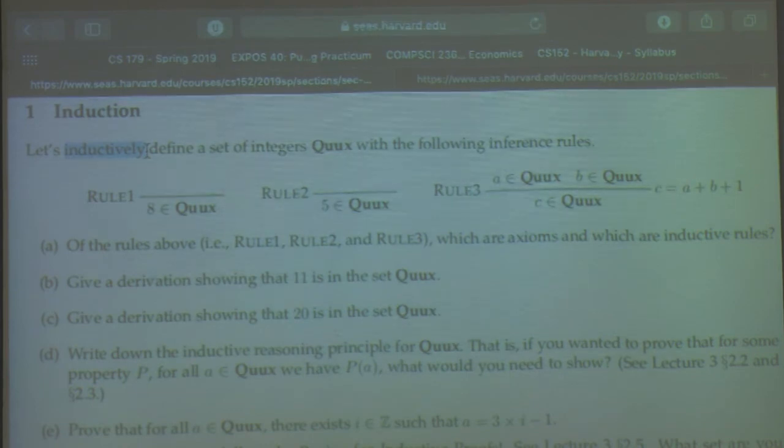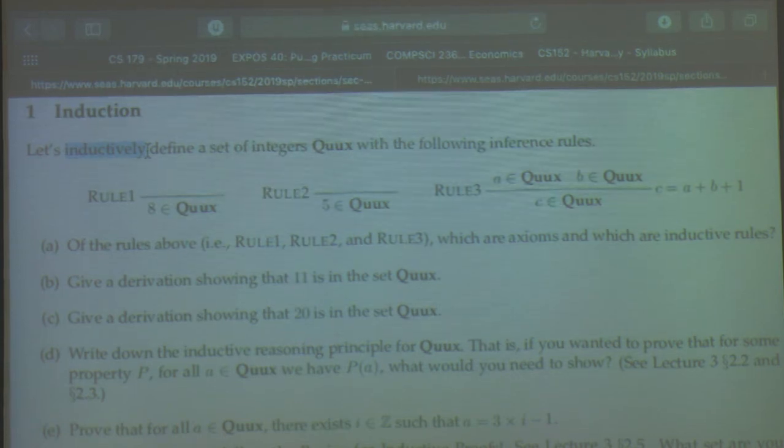And as you can see on the screen, there's no need to write it. The first axiom just says that the number 8 is a member of the set QX, and the second rule says that number 5 is a member of the set QX. So those two are axioms because we have no premises at the top.